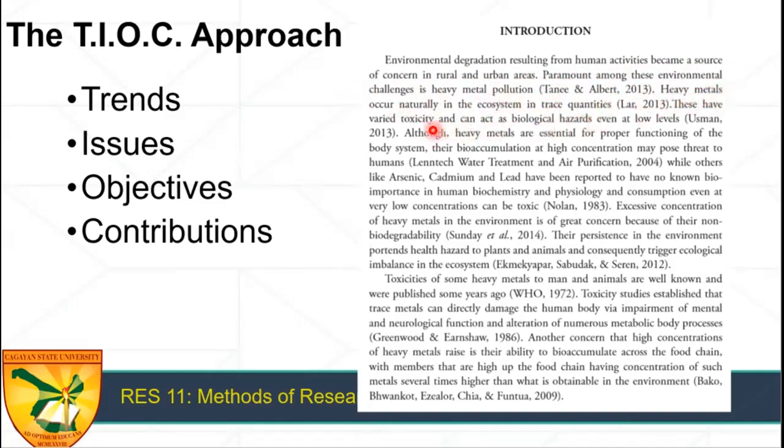Heavy metals occur naturally in the ecosystem, but have a varied toxicity and act as biological hazards even at low levels. That is the issue. And although heavy metals are essential for proper functioning of the body system, this is still the issue. Bioaccumulation at high concentration may pose a threat to humans. So that is the problem.